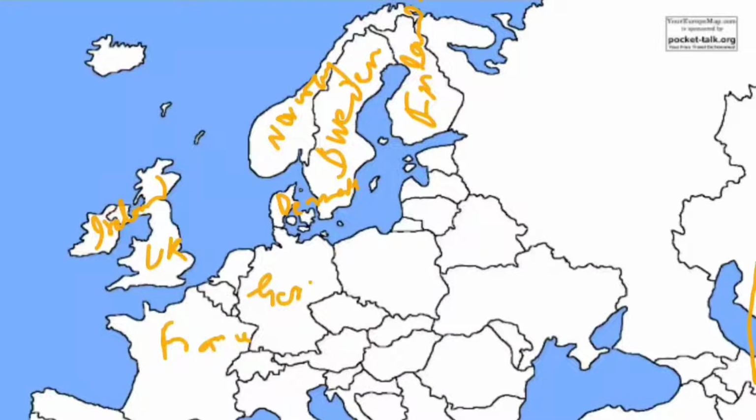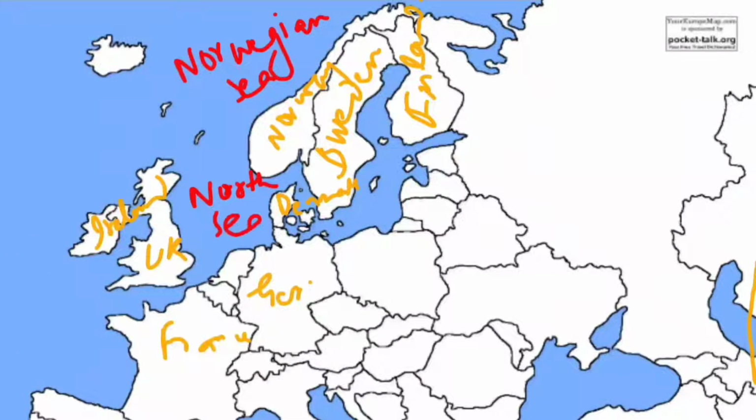Okay. Now we will be locating the Norwegian Sea. It is to the west of Norway. To the south of Norwegian Sea, we talked about the North Sea, which we have also learned is to the east of UK. Now this natural boundary between Germany and Denmark, what is this called?